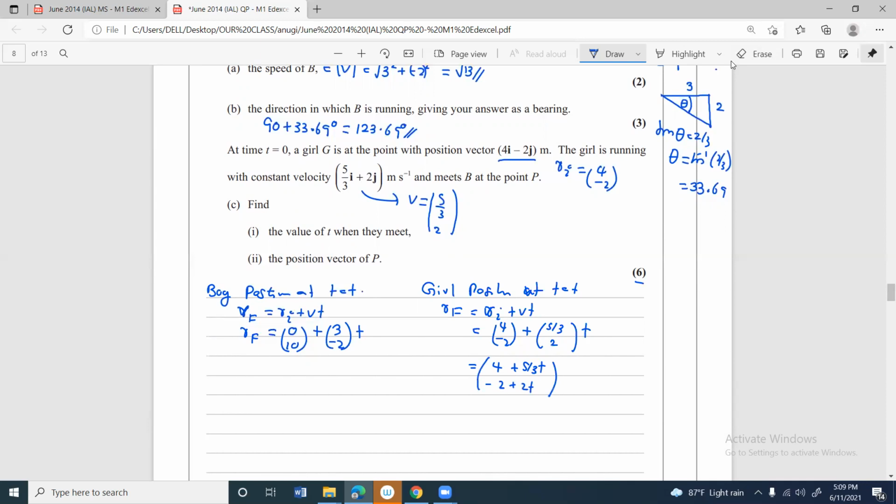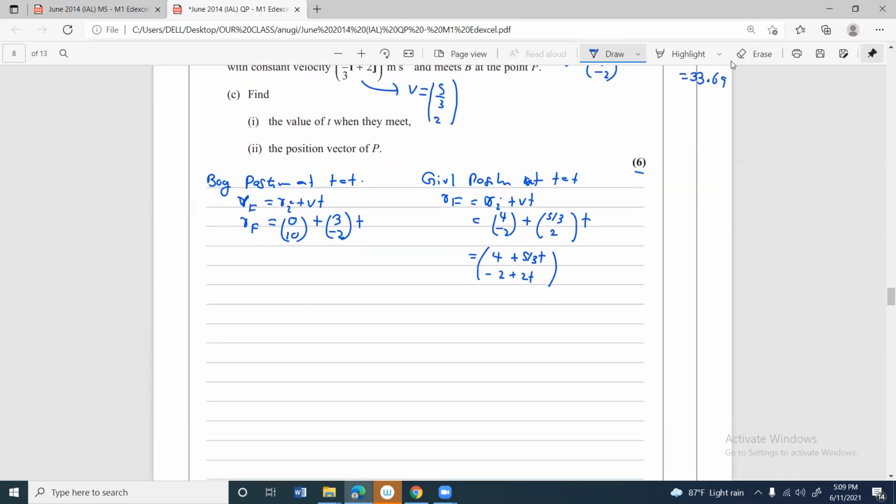Right. Now what can you do? If they meet each other, the condition is that at the same time the i components and j components should be equal. That means 0 plus 3t, 10 minus 2t must equal 4 plus 5 over 3 t and minus 2 plus 2t. Those two should be equal.